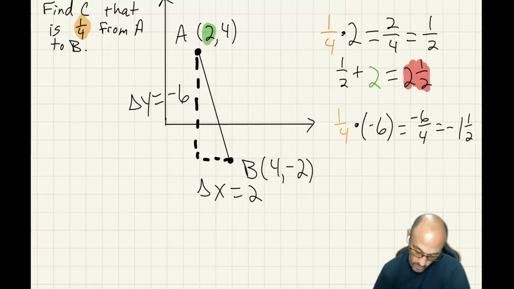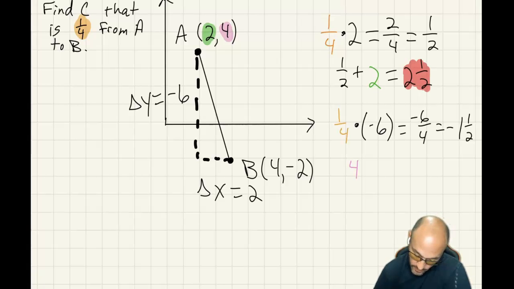Okay, great. So we take the y value here, which I'm going to make pink. And so that's going to be where we start from. So we start from 4, and then we subtract, because we did the -6 divided by 4.